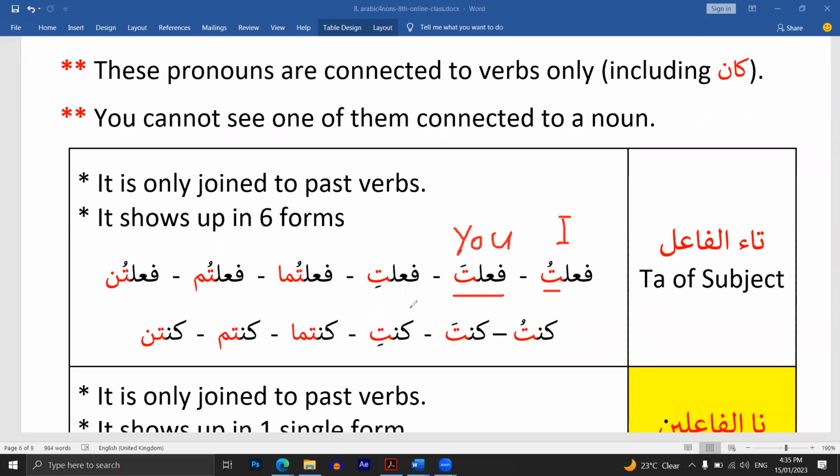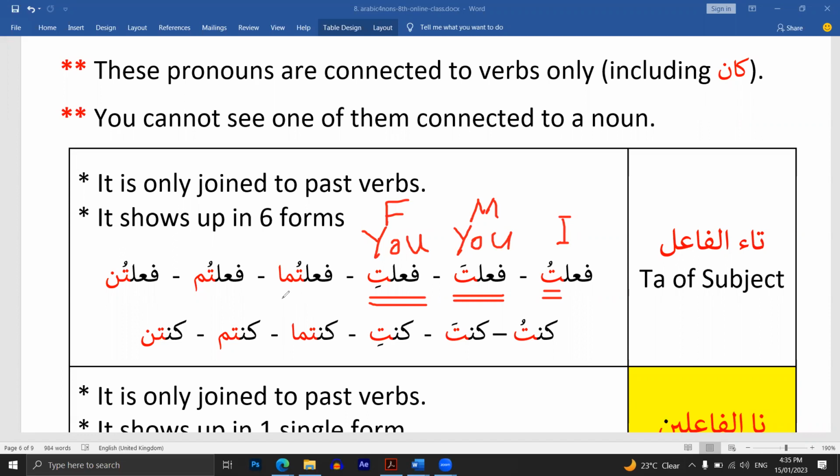And فعلتِ, again second person, but this time feminine. So we have 3 direct forms of تاء الفاعل: فعلتُ, فعلتَ, فعلتِ. Only the case ending is different: here ضمة, here فتحة, here كسرة. This one is you for masculine, this one is you for feminine. Sorry about my handwriting because I'm using a mouse.